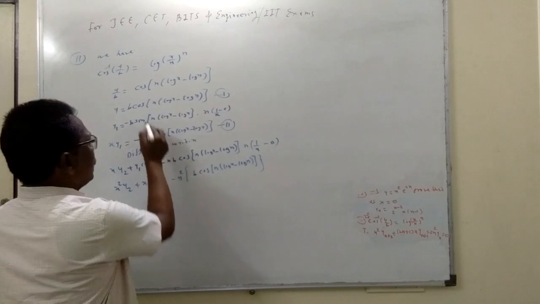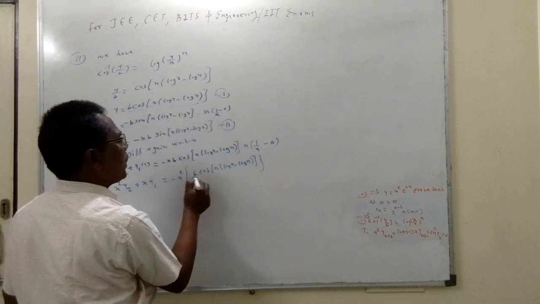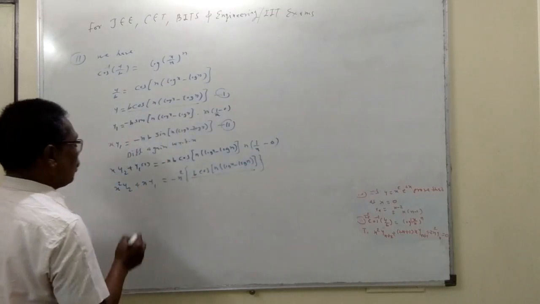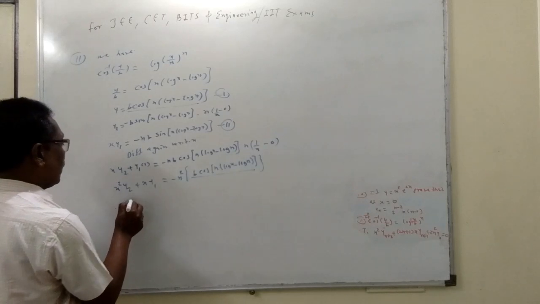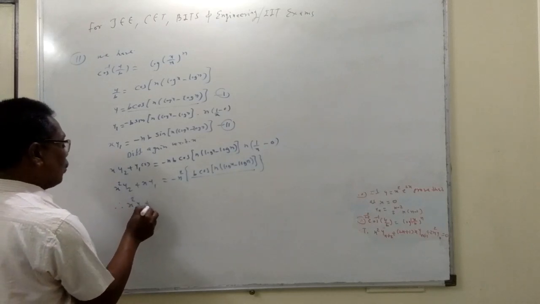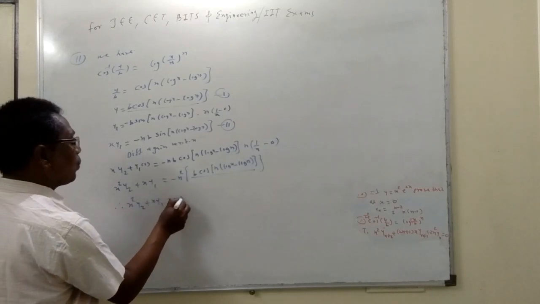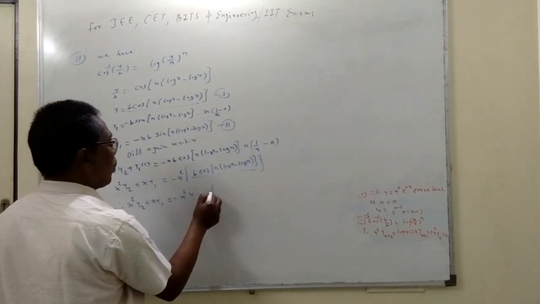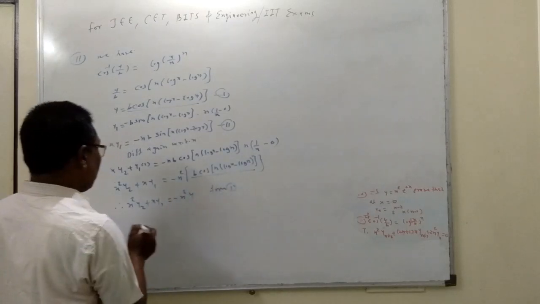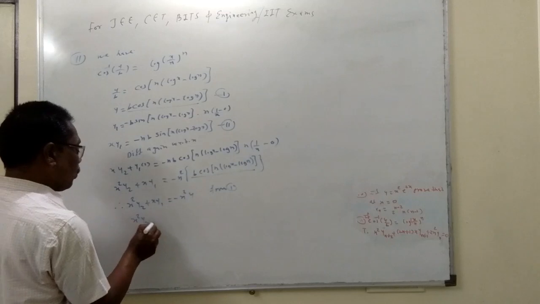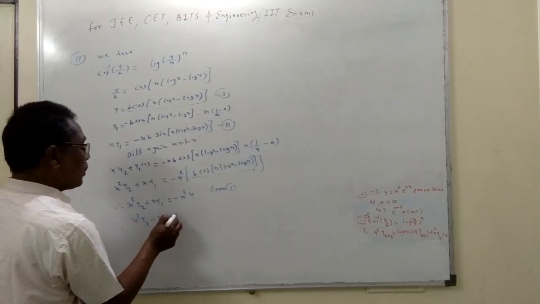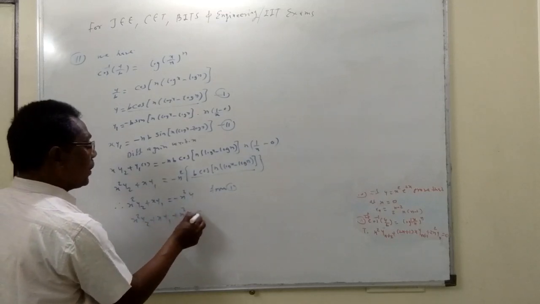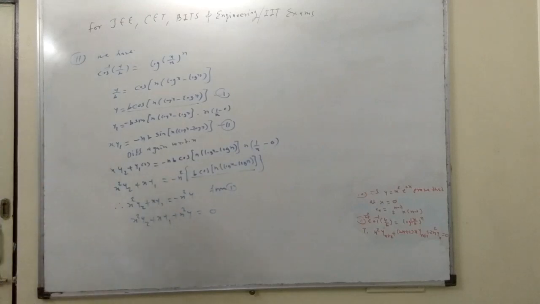Now if we observe, this function is repeated here, so for that we will put y. Therefore x square y2 plus x y1 is equal to minus n square y from the first equation. So x square y2 plus x y1 plus n square y is equal to 0.